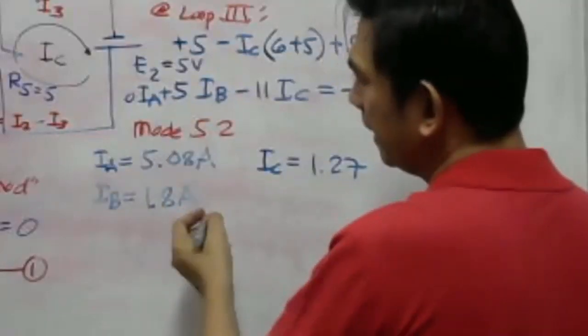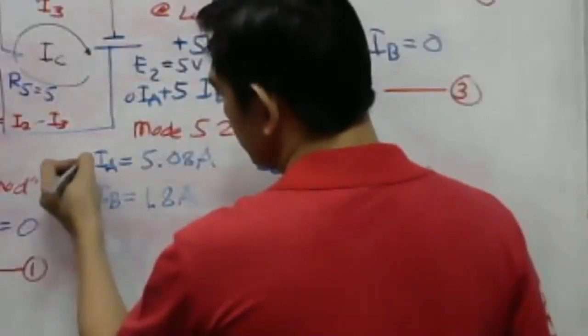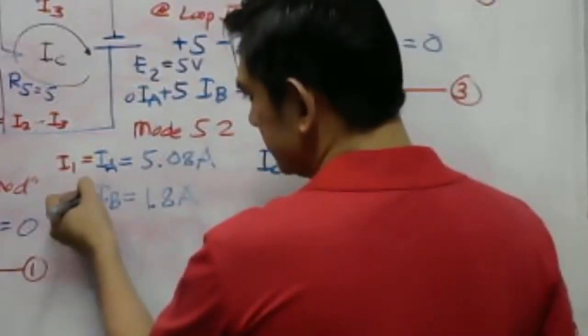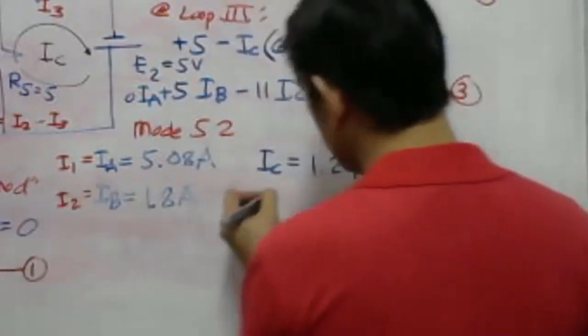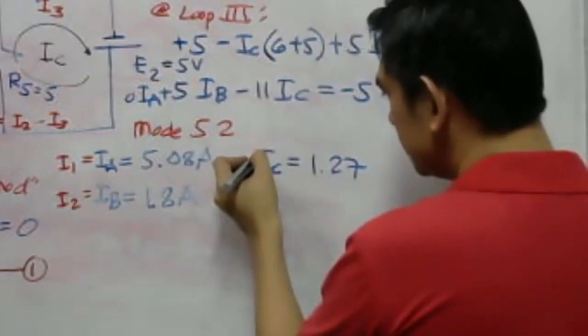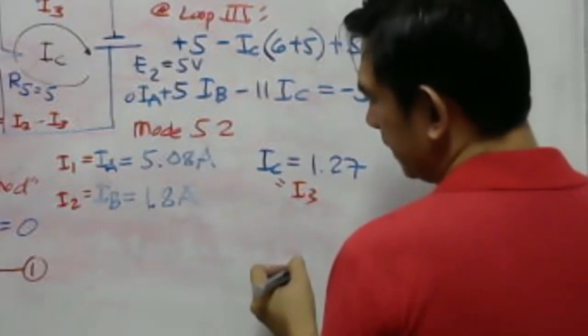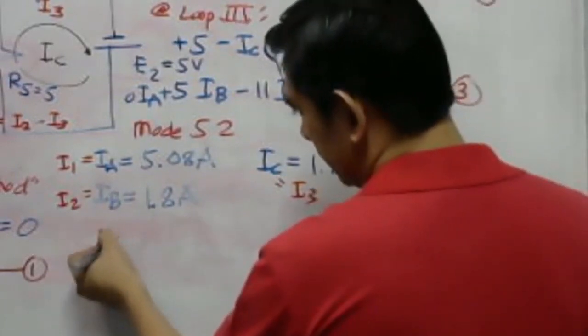By the way, what is our IA equal to? We said that IA is simply equal to our branch current I sub 1, IB is I sub 2, then IC is I sub 3. What is our I sub 4 equal to?